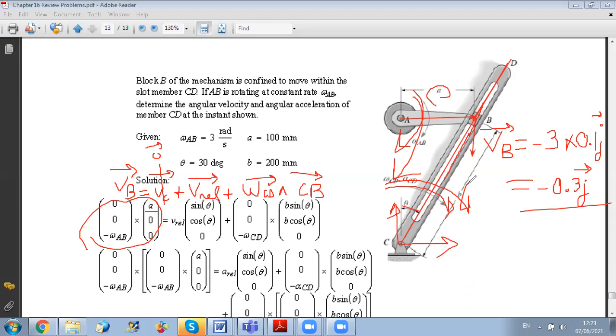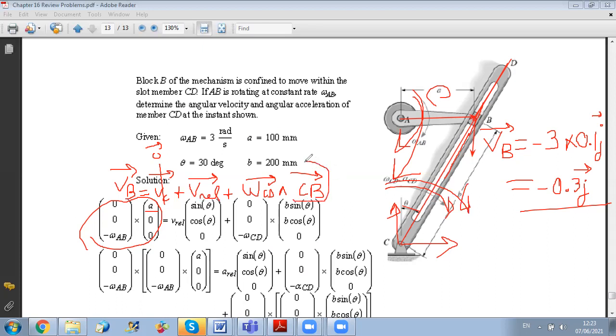So don't worry about the assumptions, because you can say afterward, because I got a negative result, my assumption is wrong. So because they said here it is clockwise, put 0, 0, minus omega CD K.